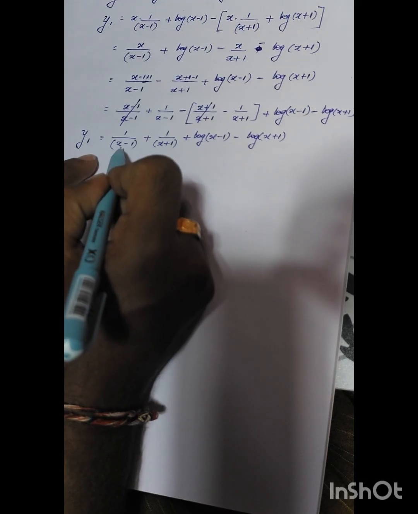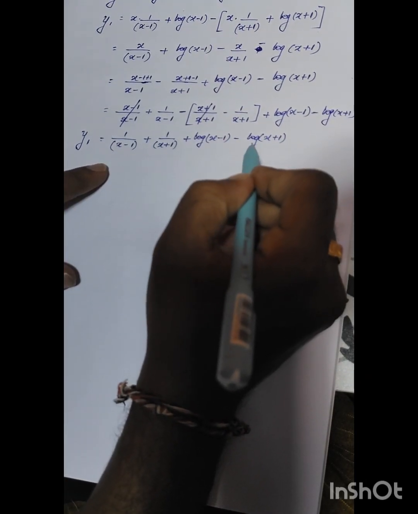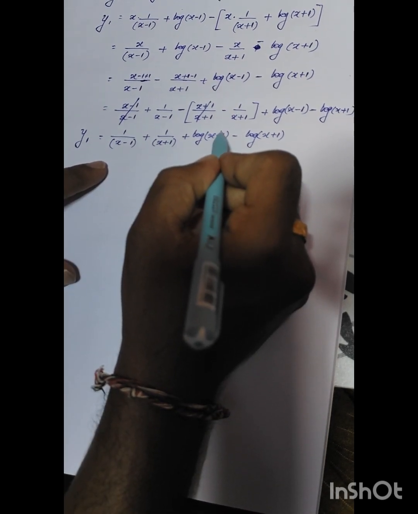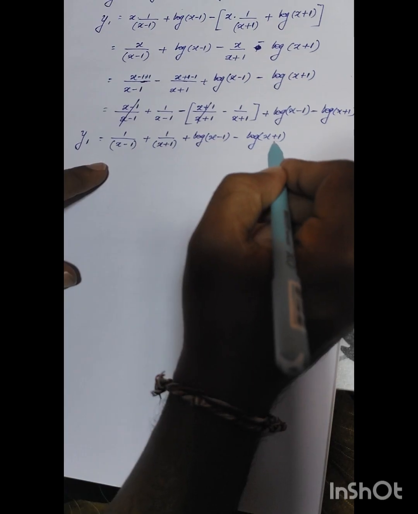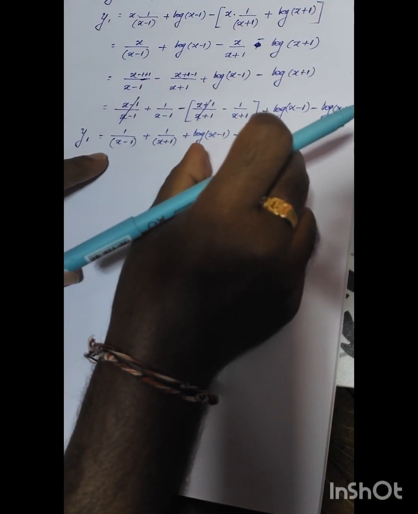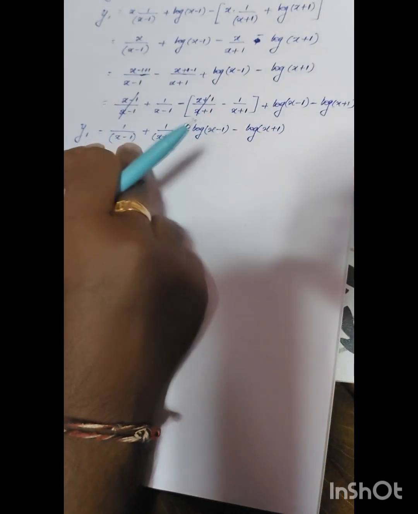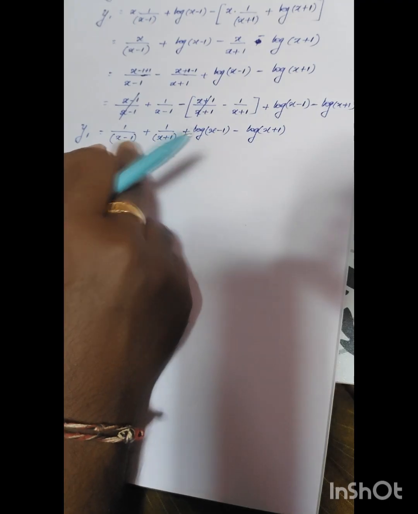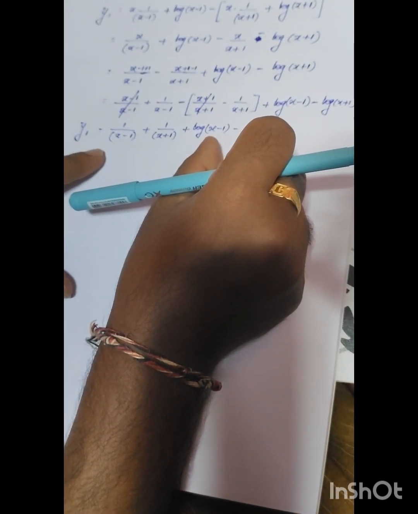Here this should be the n minus 1th derivative for these two terms, but for the log terms, because the derivative of log of x minus 1 is 1 over x minus 1 and the derivative of log of x plus 1 is 1 over x plus 1, it will become the same way. It means that I have already differentiated these two terms one time more than these two terms, right? So if I am taking the n minus 1th derivative for these two, this will become the n minus 2 derivative of the function.